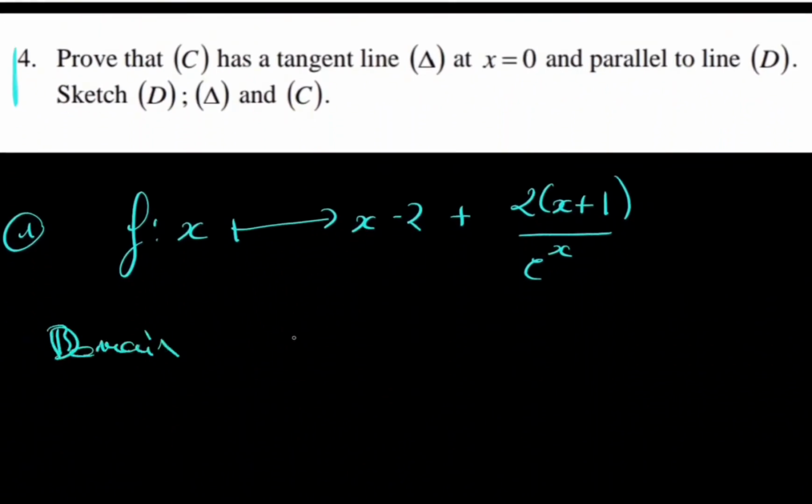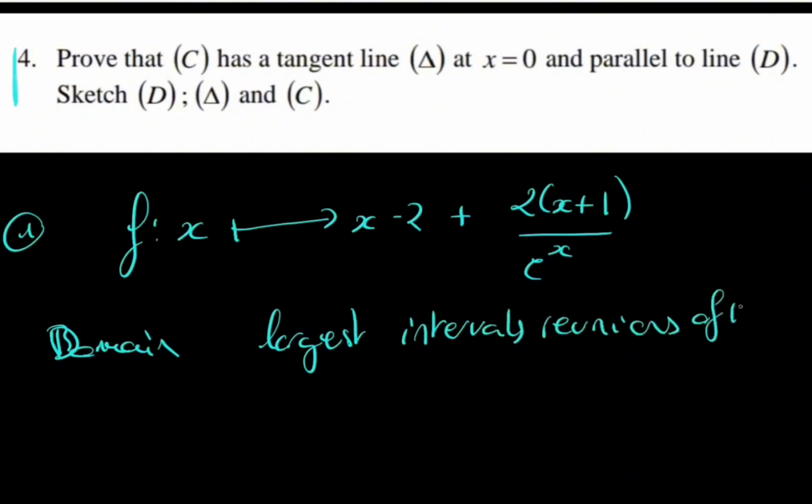So the domain, which is the largest interval or reunion of intervals of R, where f exists. So basically, the largest interval reunion where we don't have any problem with the function.